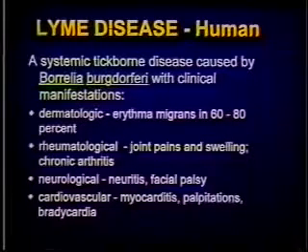Lyme disease, again named for Lyme, Connecticut, where the disease was first described, has become the most reported human infection associated with tick-borne infections, and the white-footed mouse is the principal reservoir of this, but the disease then is transmitted to humans through the bite of the Ixodes tick.